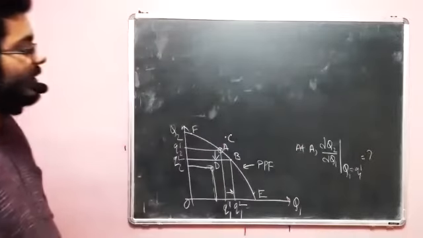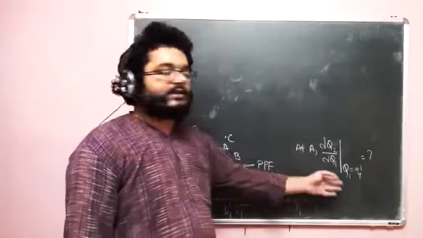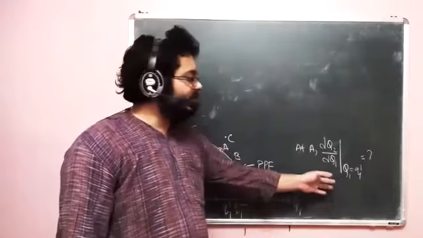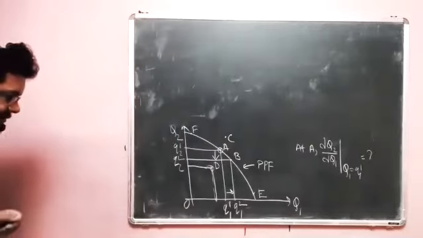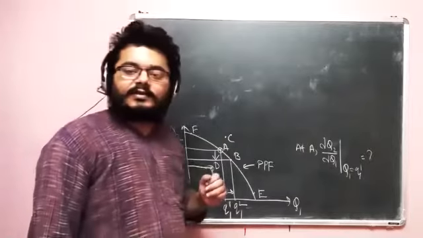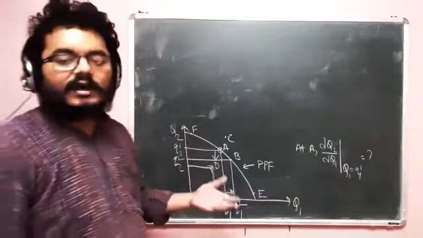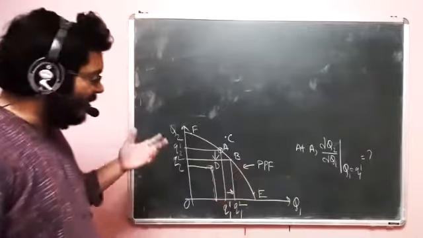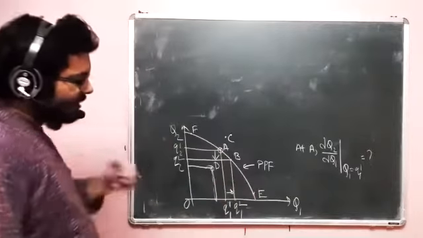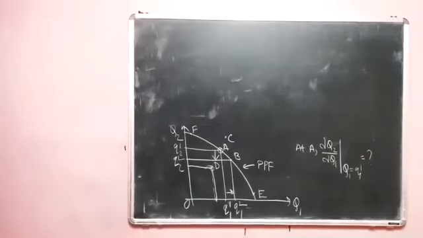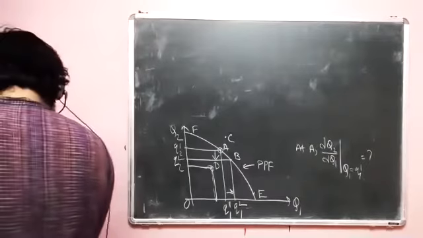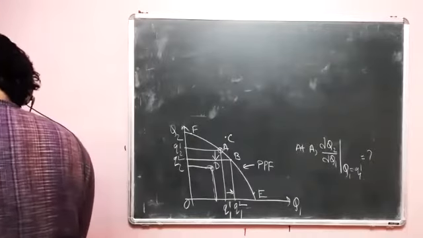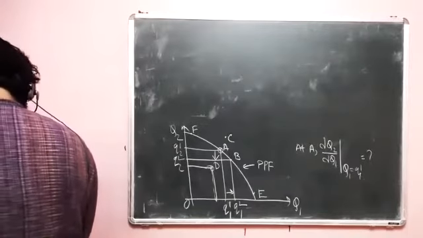This will show if you increase Q1, how much Q2 you have to sacrifice. So in that sense, the slope of the PPF talks about the trade-off, and by that it talks about the opportunity cost of producing Q1, and that is given by not only the slope but also by the change of slope. So let's go into that.